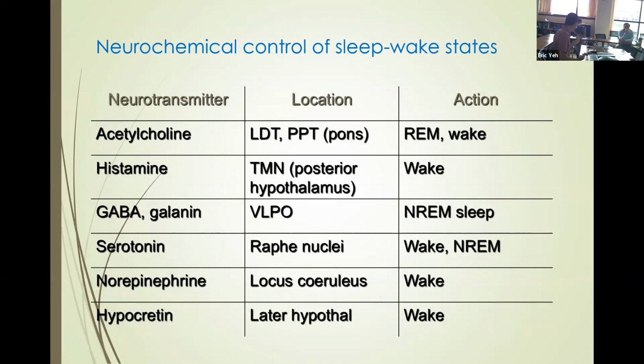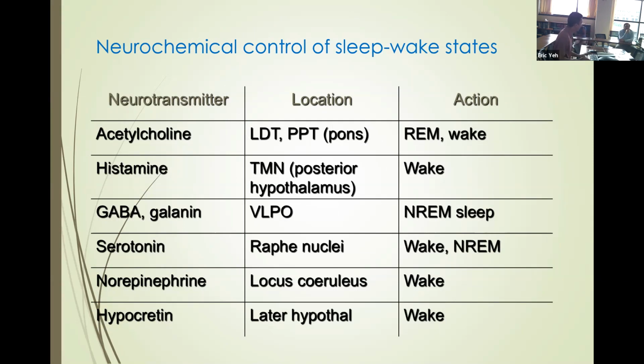GABA from the VLPO. Serotonin, raphe. Norepinephrine, locus coeruleus. And hypocretin, lateral hypothalamus. So we've got all those, LC, RN, and so on.